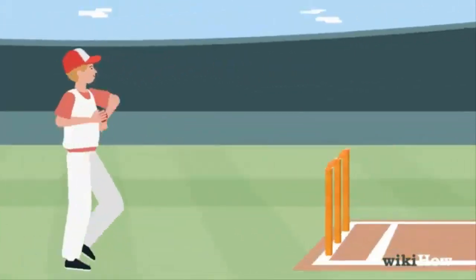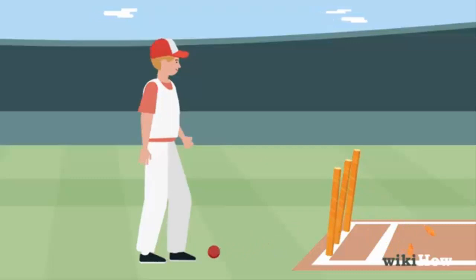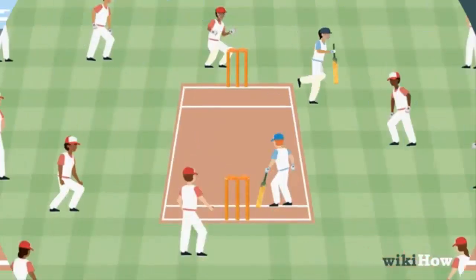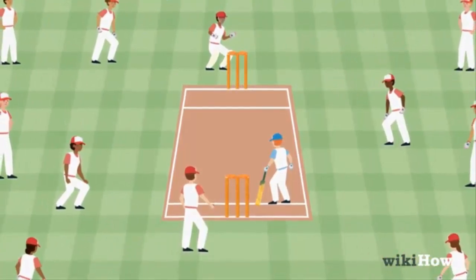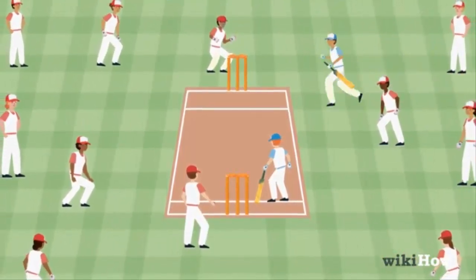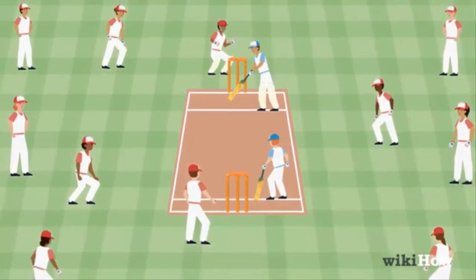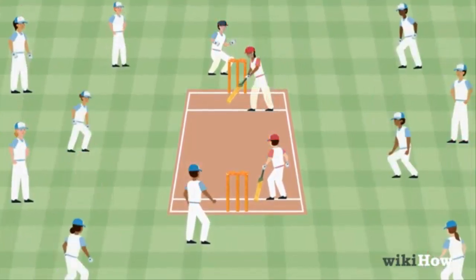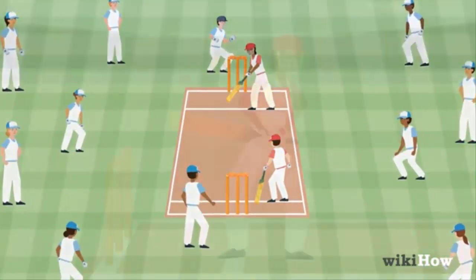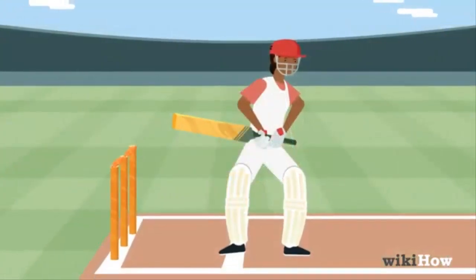Lastly, the bowling side can hit the stumps with the ball before the running batsmen make it to the opposite wicket. Once a batsman is out, they leave the field and are replaced by another teammate. In the second inning, the bowling team becomes the batting team and tries to outscore the other team.